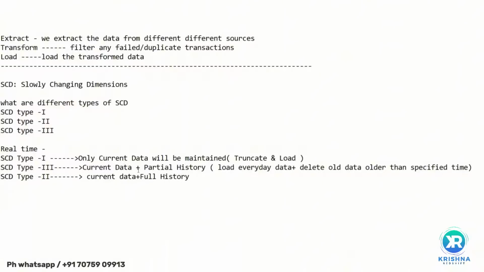SCD type 2 means there is no deletion, because here you are maintaining full history. So what you will do is every day you load the data, but you update it properly so that you have proper tracking. For example, I am Krishna, I joined as a software engineer on January 1st, 2023.